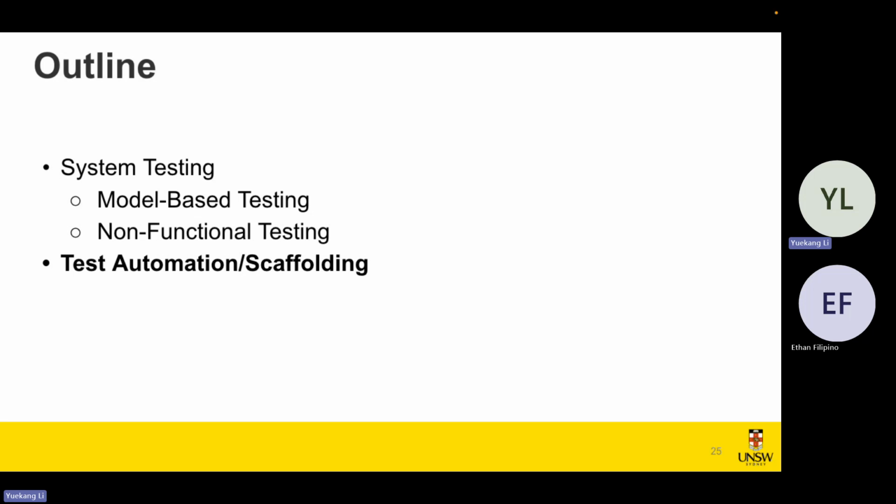It's one of the last steps of testing before we release the product to the customers or the end users. And system testing is all about testing the functional and non-functional aspects of the program, right? For functional testing, we care more about: does the system do the right thing?